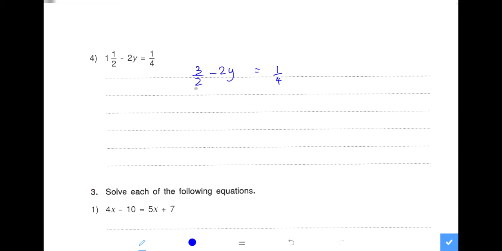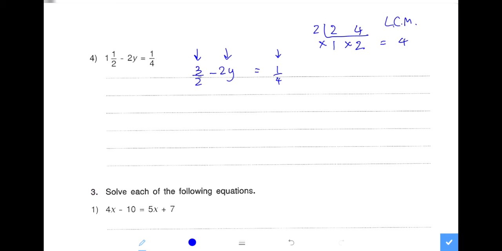This is number 2, this is number 4, right? So LCM of 2 and 4, we're going to find it. 2, 1, 2, 2. LCM, we multiply 2 with 1 with 2, and it comes out to be 4, right? That is your LCM. LCM is 4. So we're going to multiply 4 to all of them, right?